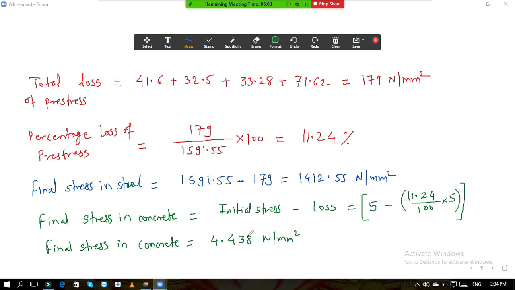Or you can calculate by another method also. If it is not understood, then you can calculate it by another method also.